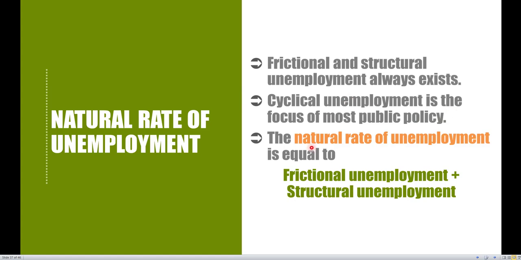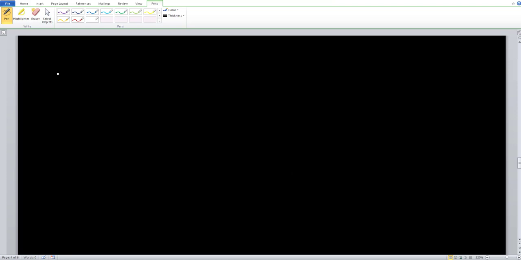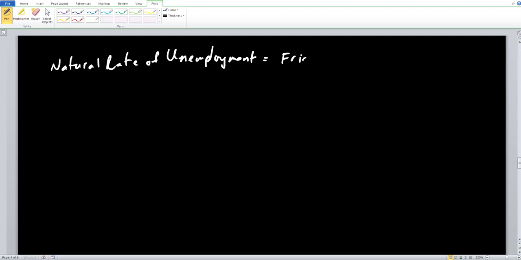The natural rate of unemployment is basically where our cyclical unemployment is equal to zero. So it's just a sum of frictional and structural unemployment. Go ahead and write that down as an important note. The natural rate of unemployment is exactly going to be just a sum of frictional plus structural unemployment, because both of these are always going to exist.